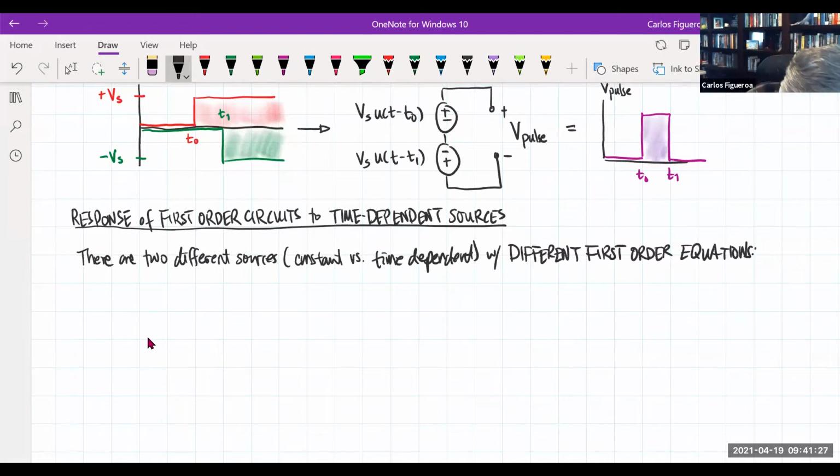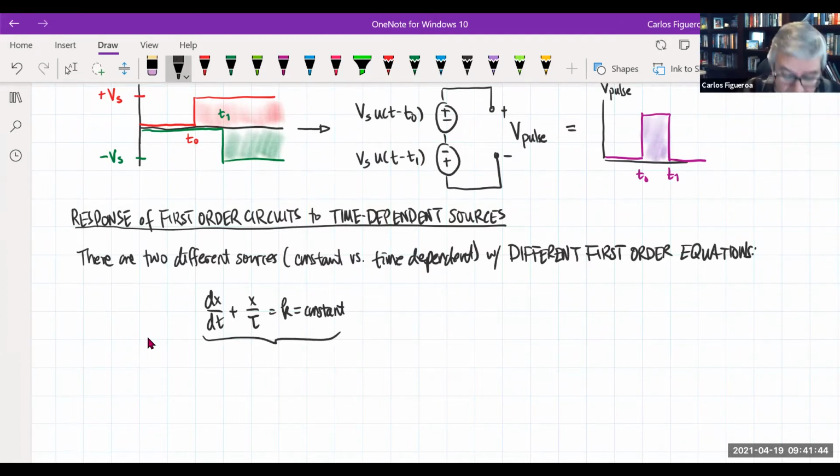So what we've seen in the past is we had first order equations that looked like this, where on this side, this guy was a constant. And when we solved these guys here, these had very particular solutions. We saw that these guys had solutions that look like this.